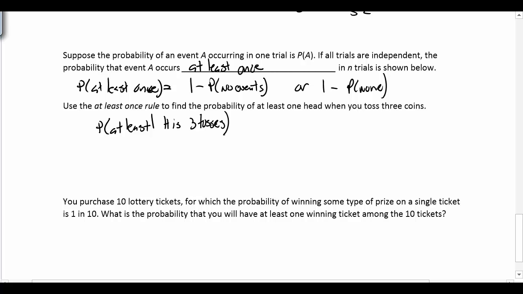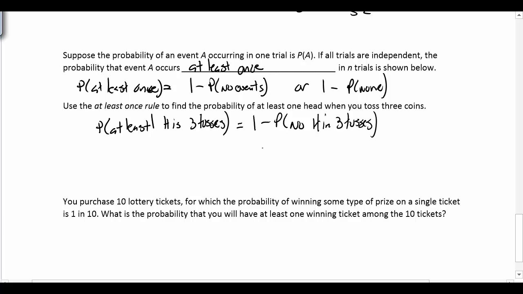Let's say I could have head first, head second, head third, or I could just subtract off 1 minus the probability of no heads in 3 tosses.